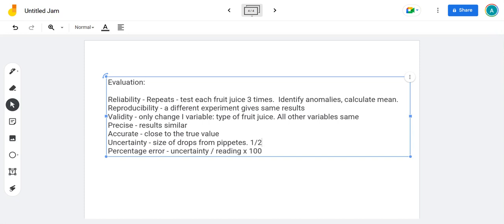It would have been half the smallest measurement on the burette. And then we could have worked out our percentage error because it would have been half of the smallest measurement on the burette divided by the reading, whatever the volume was that we had to add to make it change colour, times 100, and we could calculate the percentage error. Okay, and that's it.